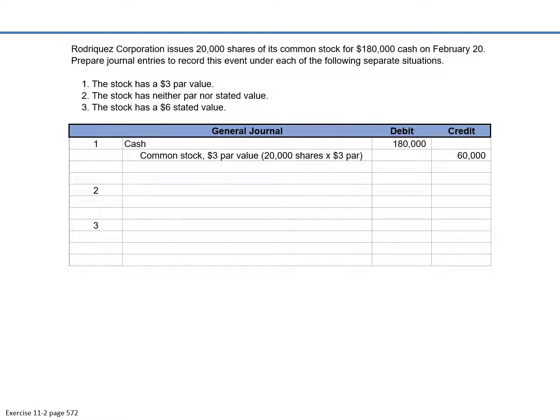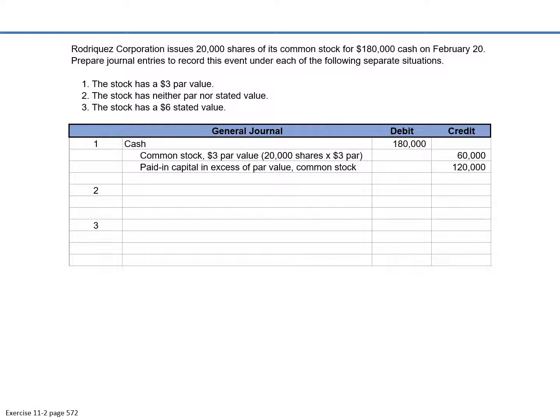So we have a credit for $60,000, and then we have paid in capital in excess of par, common stock, for $120,000. That would be equal to the difference between the par value and the amount that they actually received in cash.